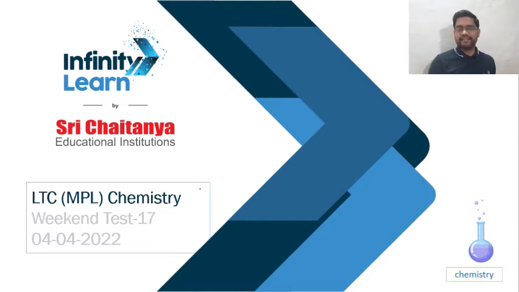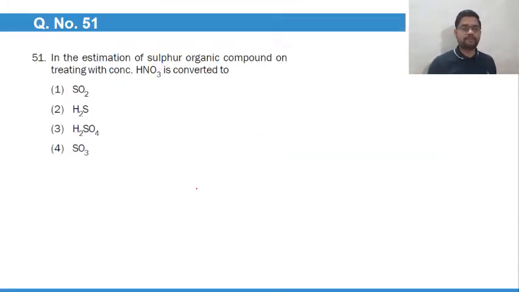So in LTC MPL chemistry weekend test 17, the first question that came was, in the estimation of sulphur, the organic compound on treating with concentrated HNO3 is converted into. Suppose an organic compound consists of sulphur, when it is treated with concentrated HNO3, the sulphur combines with water that has been present and the oxygen which it has been gaining from concentrated HNO3, because it's an oxidizing agent.